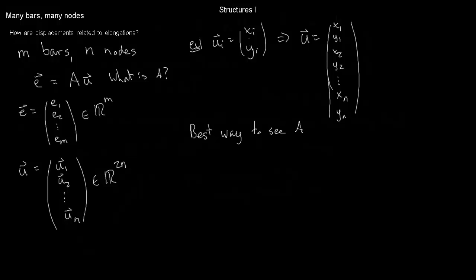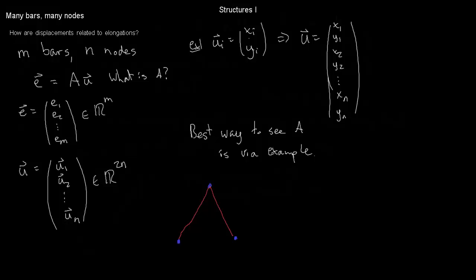So in order to get at the matrix A that relates the elongations to the displacements, I think it's best if we look at an example. So let's make a triangle. I have 3 nodes, and I make this very simple structure, a little teepee, more or less.